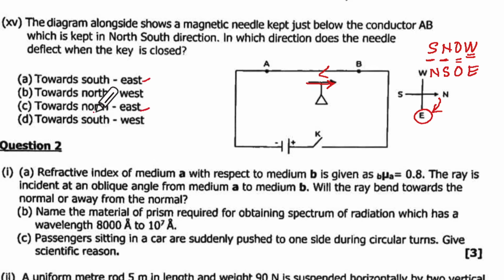So it is northeast, no? Northeast. It won't go south, east, southeast. What is this? East, northeast and southeast. Southeast will be here. It is going to be this way, so it will deflect like this, correct? So northeast it will be. Agreeable to you?